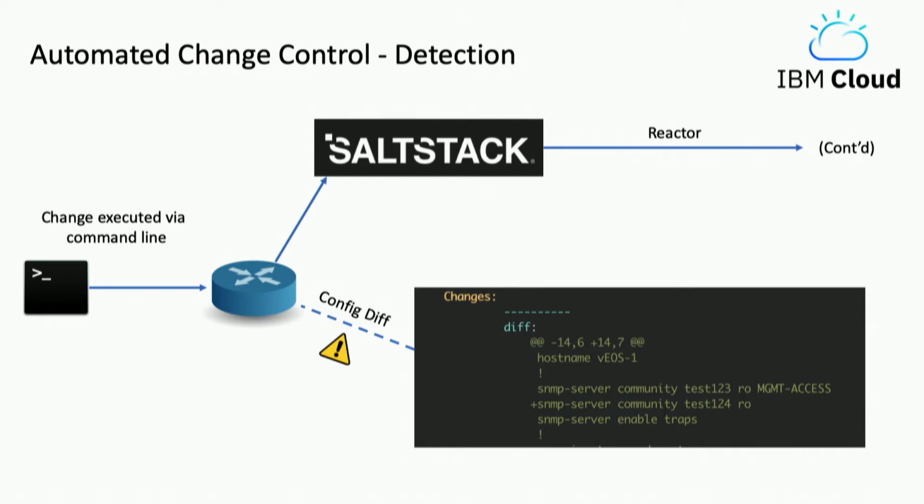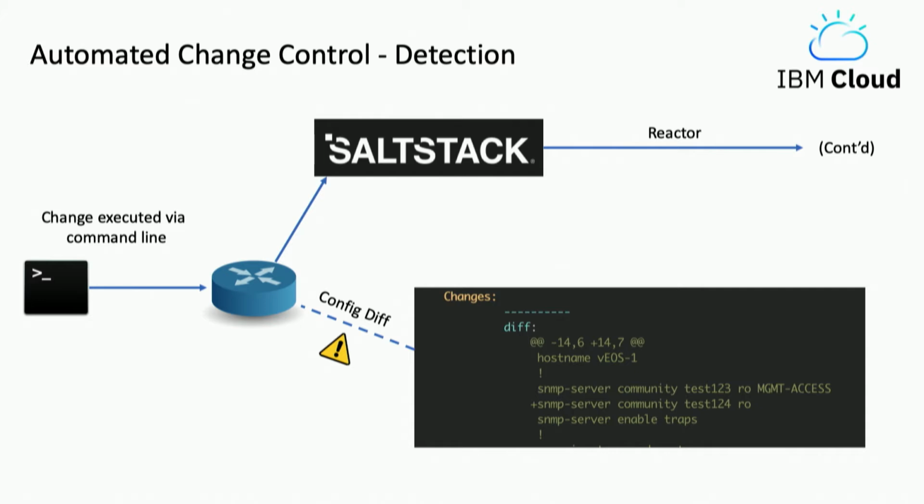But let's say someone goes and makes a change through the command line. They have the permissions to, and maybe they're doing something innocent. It's not even malicious. In this case, they said, I want to create a new SNMP community string because I want to monitor this device with some tool I'm doing a proof of concept on. So there are lots of innocent use cases where a configuration change could happen.